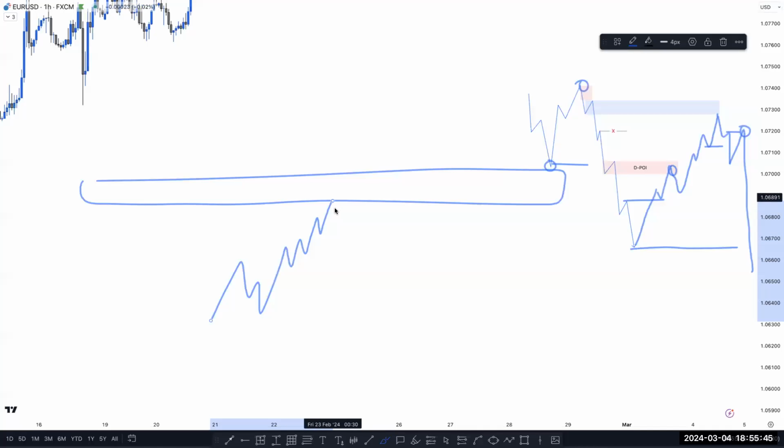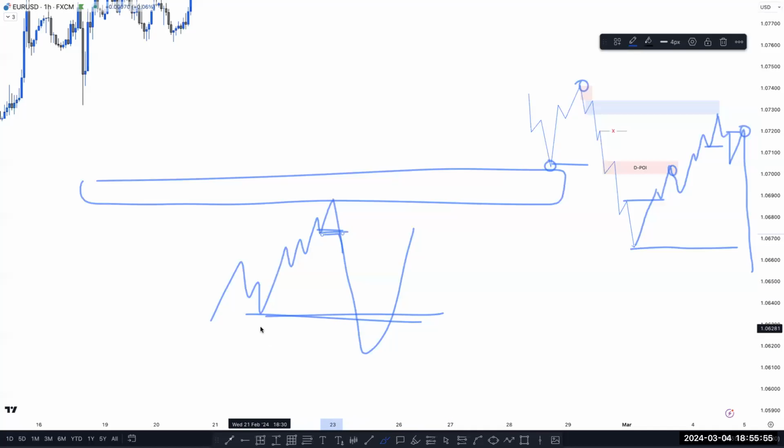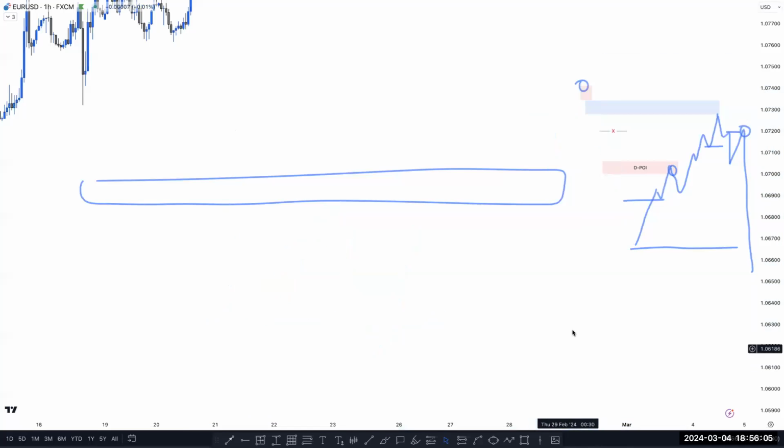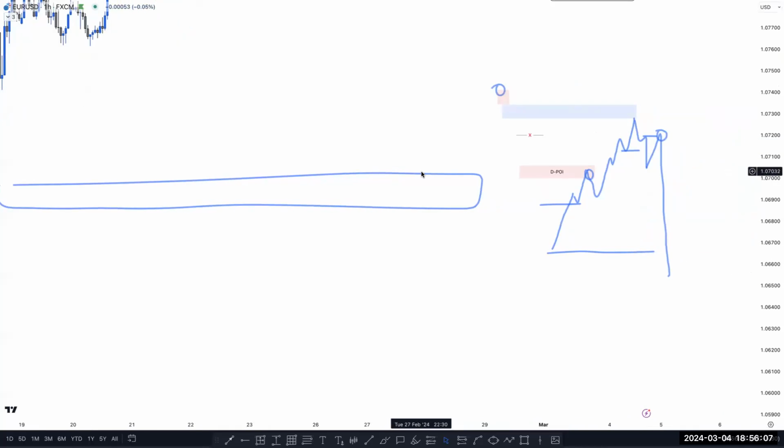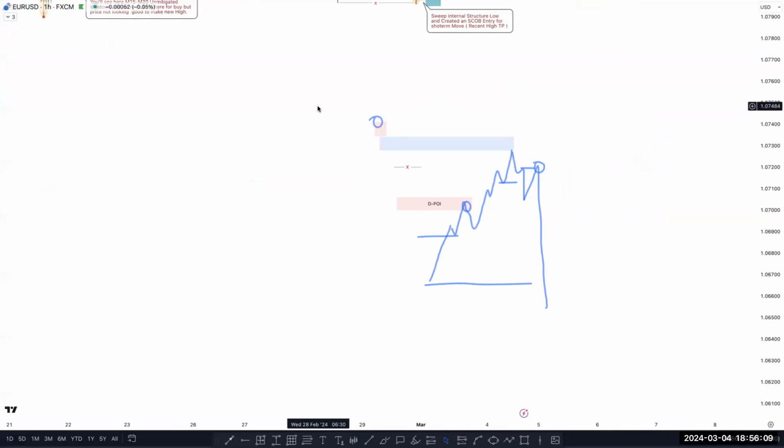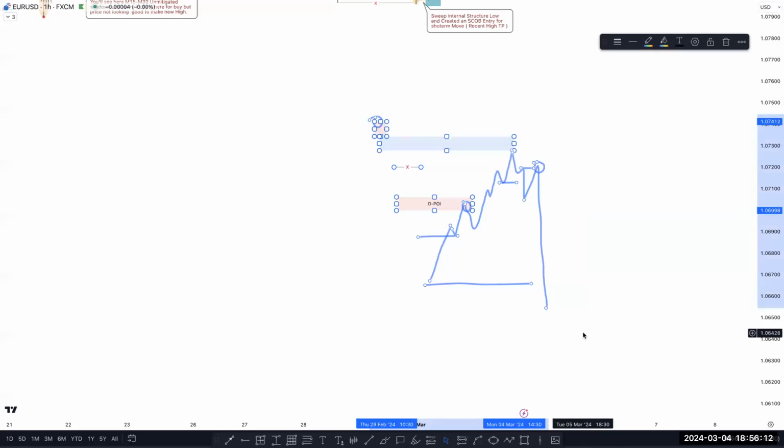The first pullback is called minor, and if this is a part of this move, then this is a major and this is a minor, right? And this is the major move. Why? Because this is a part of this line, and this is a small pullback part of this line. I will make a separate video on it, then you can understand better.